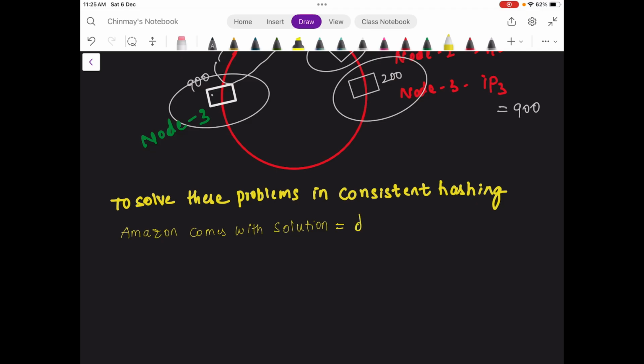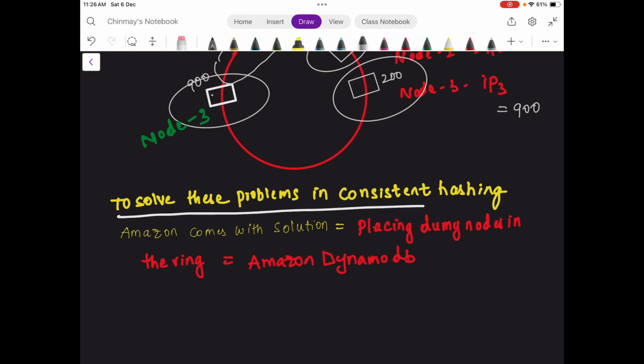That is dummy nodes, that is placing dummy nodes in the ring. This is implemented in Amazon DynamoDB.